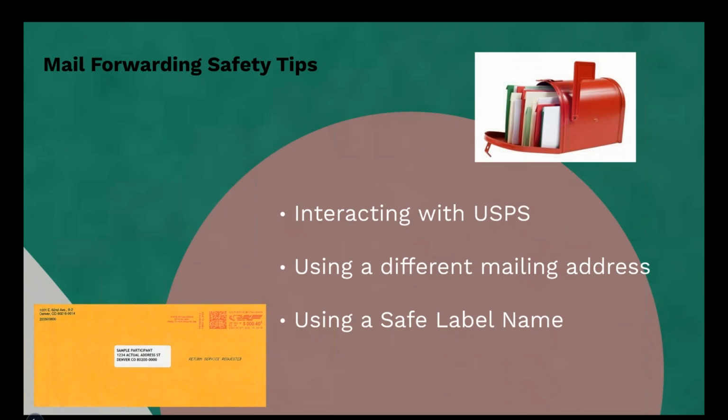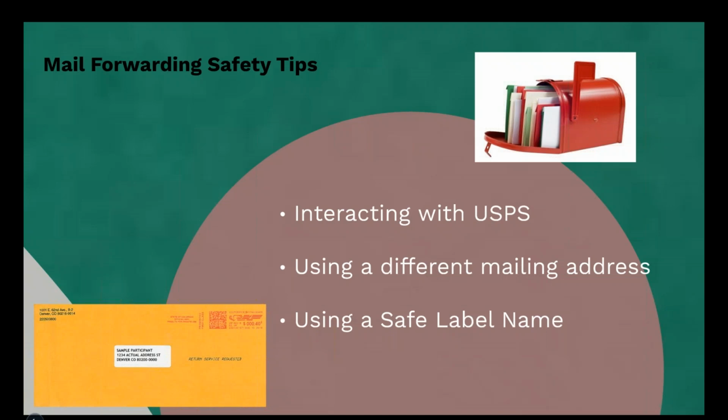And then the last piece related to mail forwarding that is available to our participants is going to be using a safe label name. So a safe label name is not a legal name change. It's not a name that should be listed on any incoming mail. It is strictly for the purpose of mail leaving our ACP office and being forwarded to an actual address of a participant.